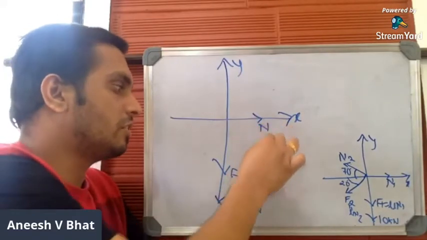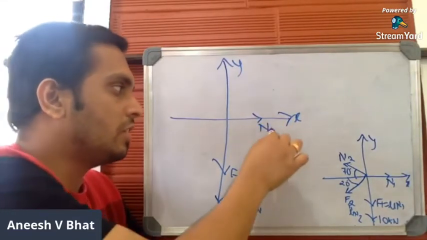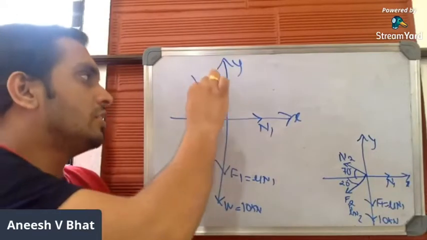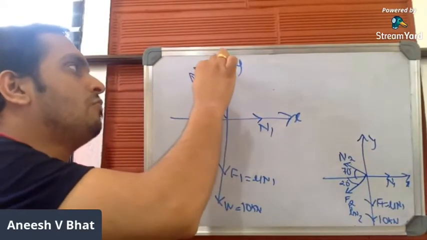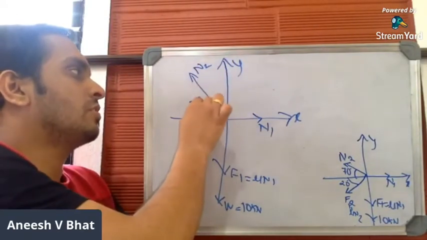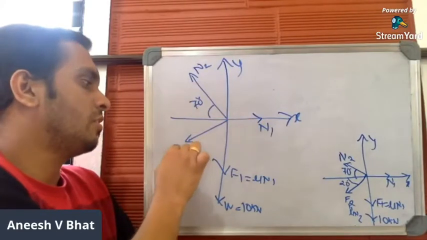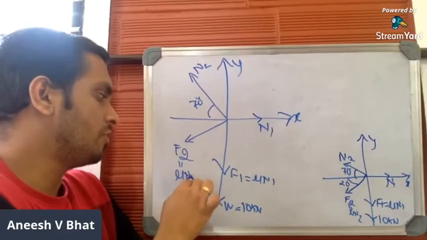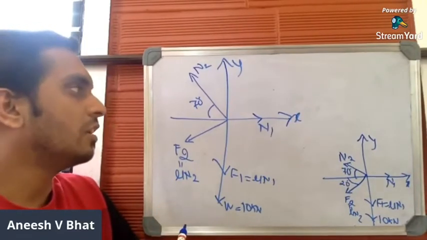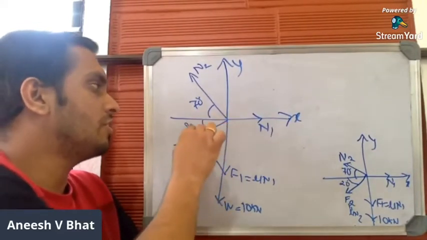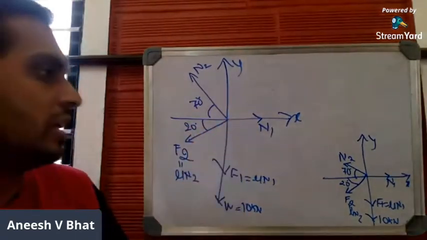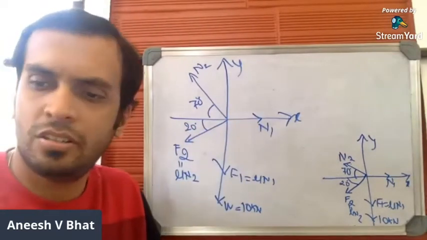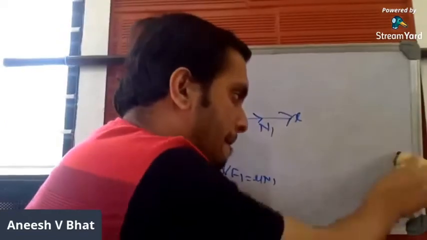And this will be N1. And this will be N2, making an angle of 70 degrees. And this will be F2, which is mu into N2. And this angle is 20. So this is the free body diagram.